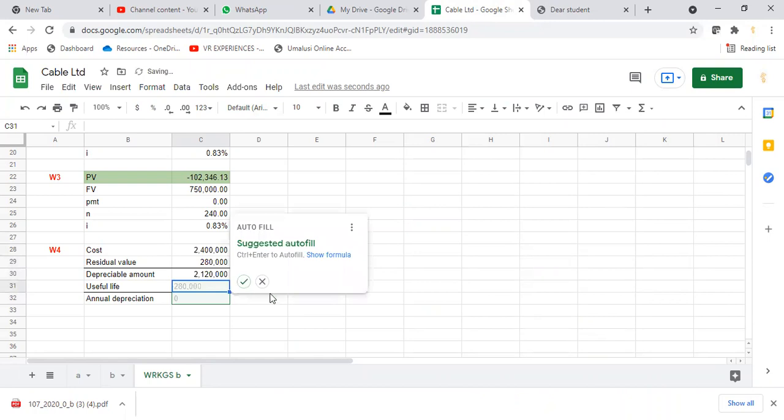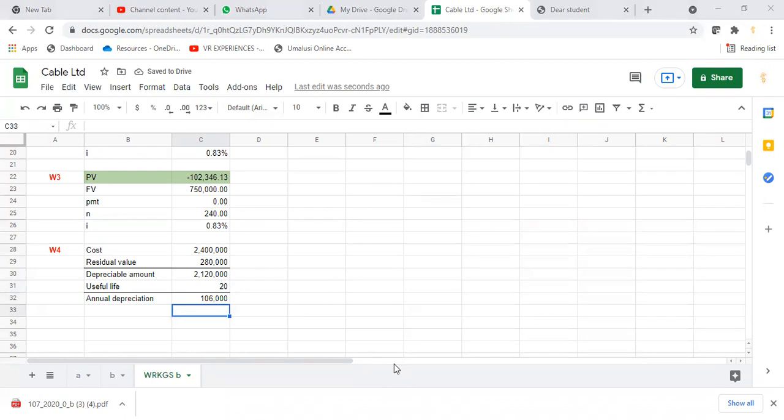The useful life was given to us as 20 years. So our annual depreciation is the depreciable amount divided by the useful life of 20 years.